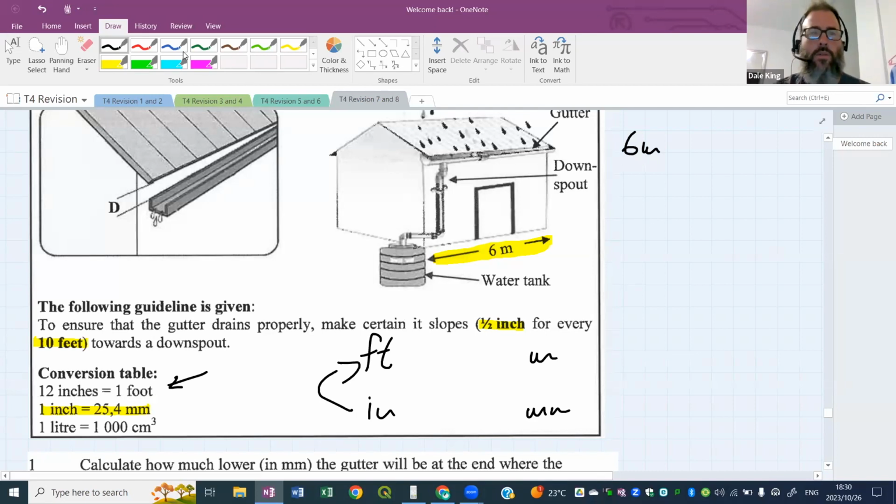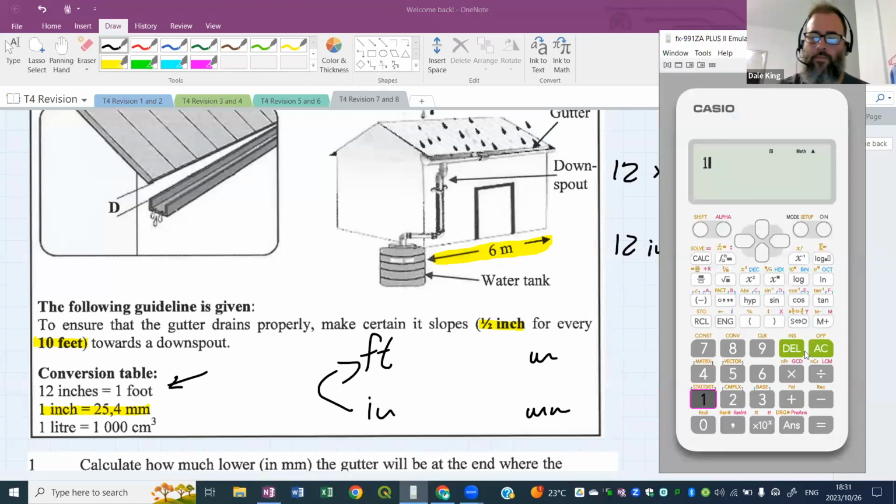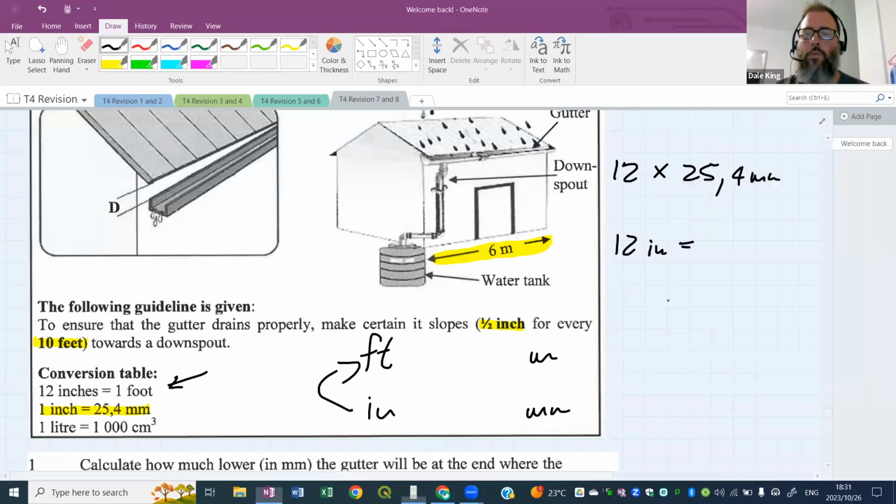So if 1 inch is 25,4, then 12 inches I'll multiply by 25,4. 12 inches will equal 12 times 25,4, which is 304,8 millimeters. You guys must be happy with that.